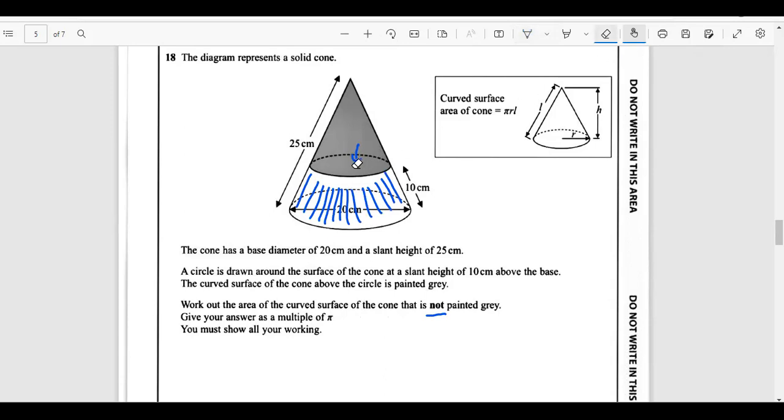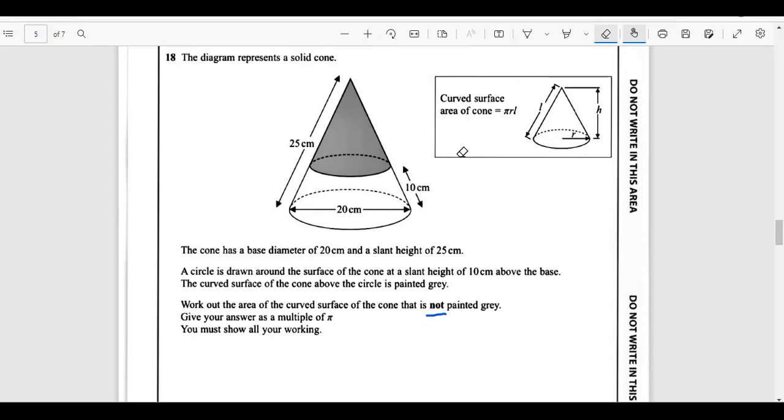I would want you to try this first and then I'll tell you how to do it. Surface of the cone. Work out the area that is not painted gray.